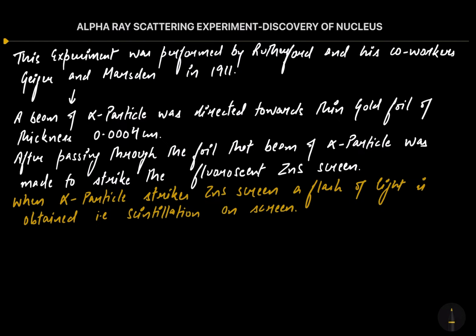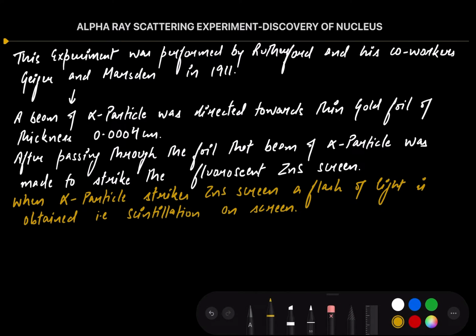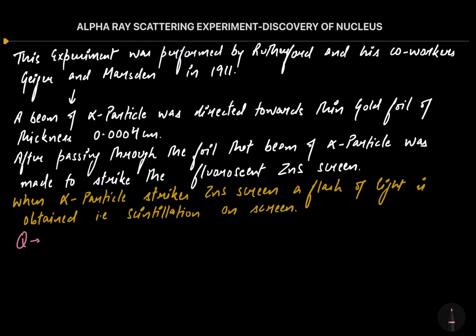So before starting the experiment, let us discuss firstly what is an alpha particle. I'm writing in a questionnaire form: what is an alpha particle? Its answer is, an alpha particle is actually a helium dipositive ion.